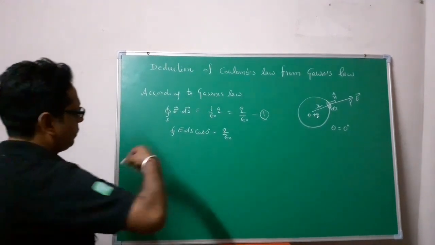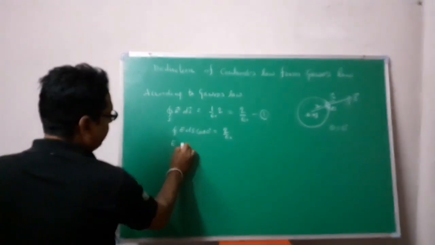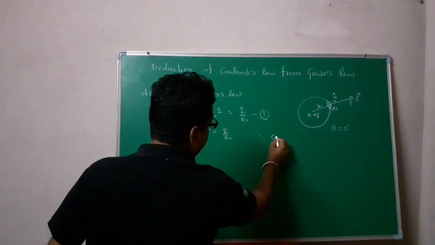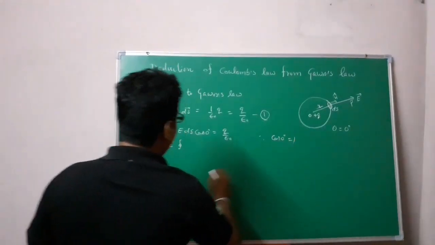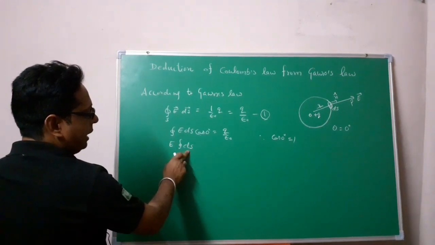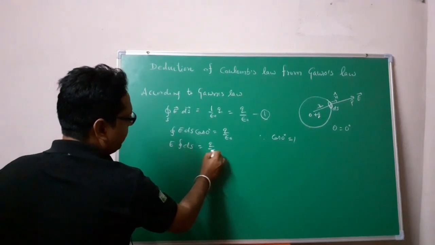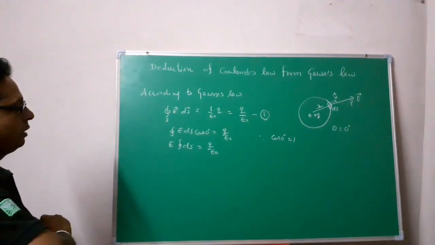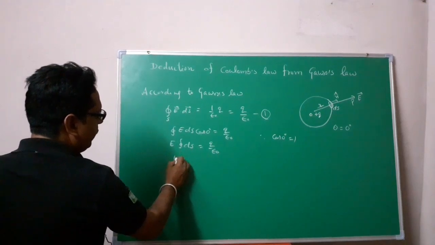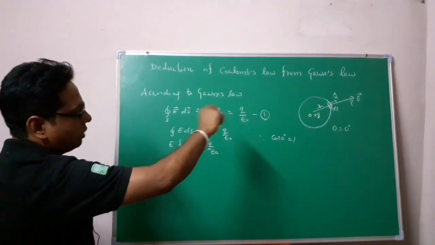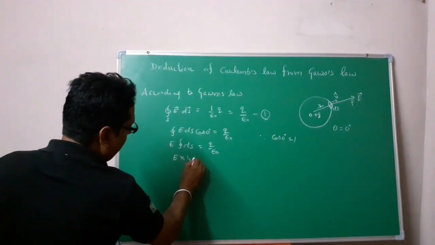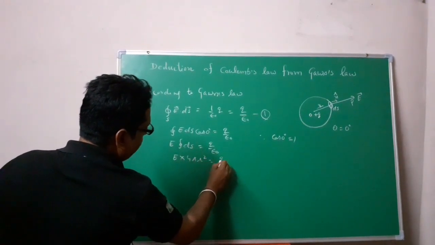E is taken outside, and cos of 0 degree is equal to 1. So the surface integral of ds is equal to q by epsilon naught. The integral of ds is the surface area, and since this is a closed surface, the area is 4 pi r square.